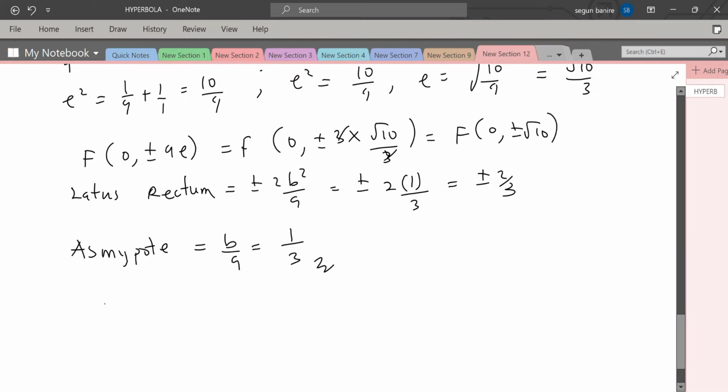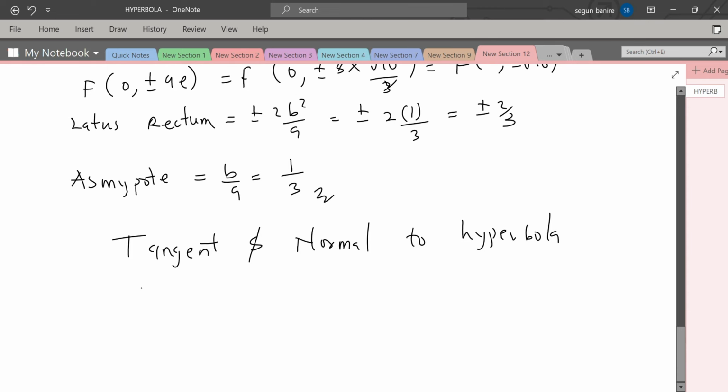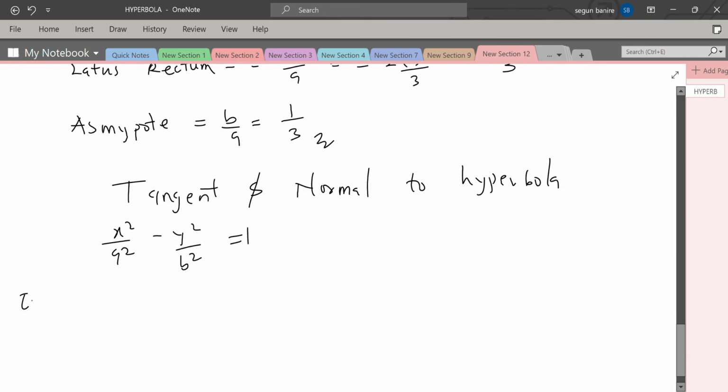Okay, so let's look at the tangent and normal also. Without wasting time, tangents and normals to the ellipse, to the hyperbola. The formula for the hyperbola is x squared over a squared minus y squared over b squared is equal to 1. So the equation of the tangent is just the same as that of the ellipse.